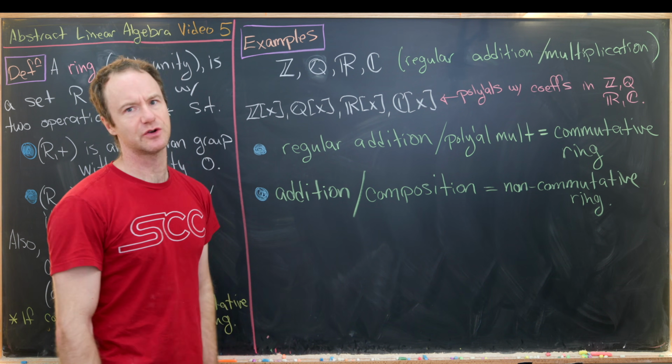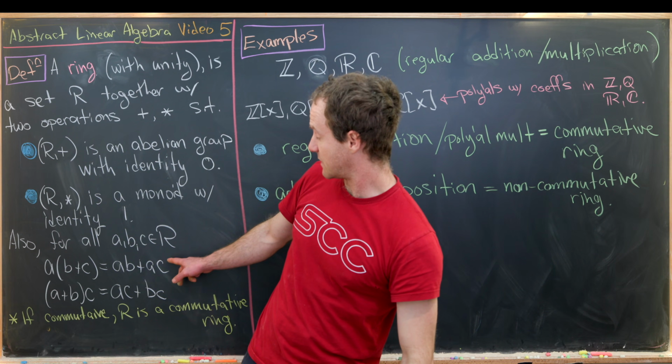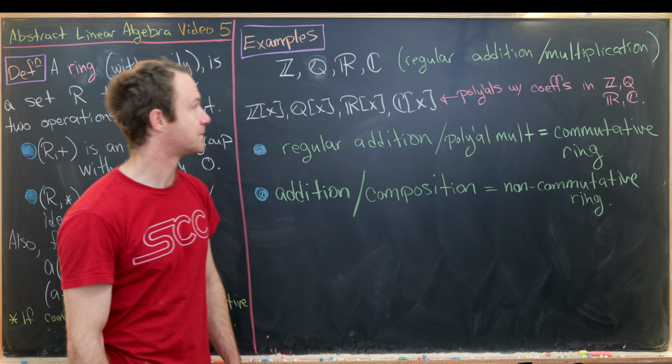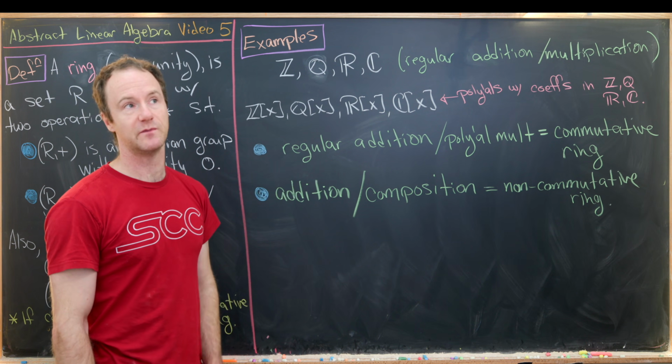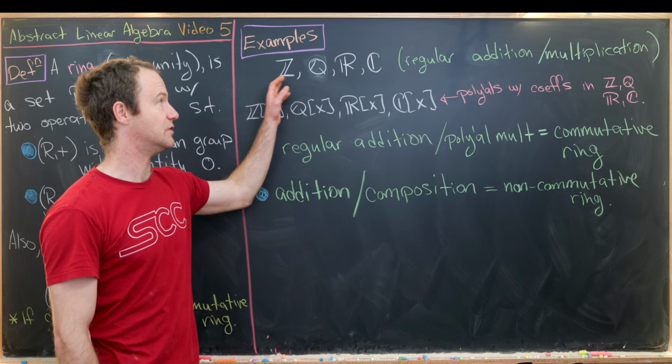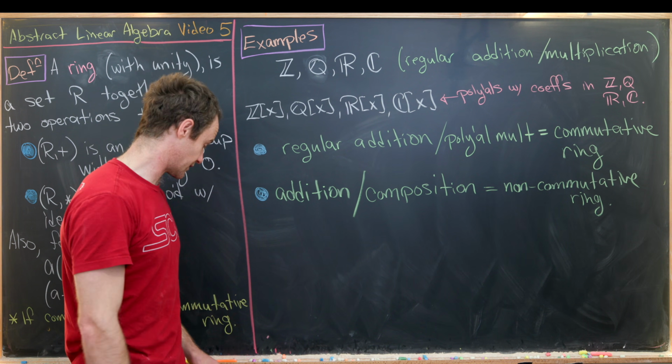And then we've got a distributive rule which we learn in grade school. So in other words, addition and multiplication of numbers satisfies these conditions down here. Also, they're commutative because the multiplication is commutative. So this is in fact a commutative ring with 1. In other words, all 4 of these are commutative rings with 1.